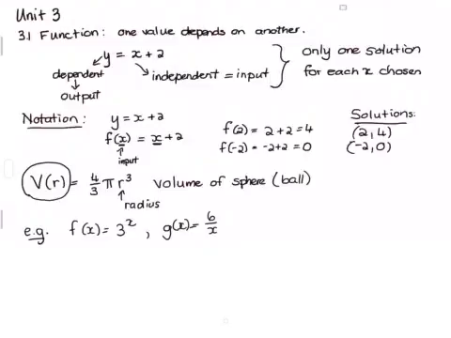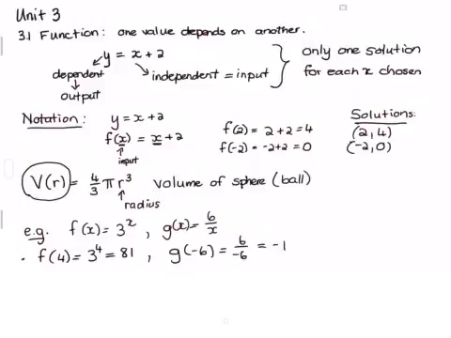So if I say, find f of 4, then I go to the rule for f and I put a 4 where the x is, and I work that answer out. If I say find g of -6, I go to the rule for g and I put a -6 where the x is, and my output is -1.